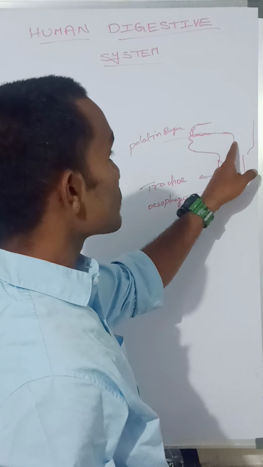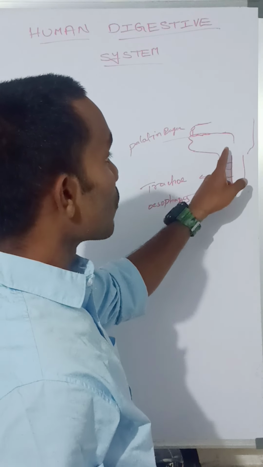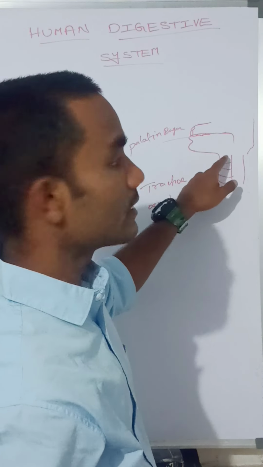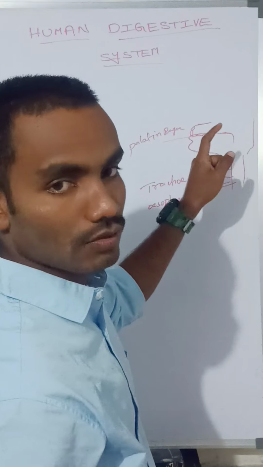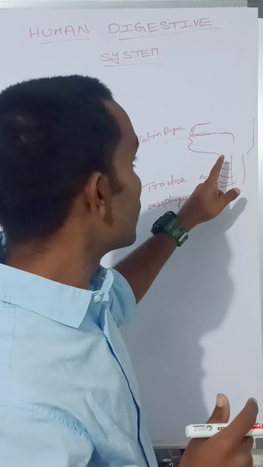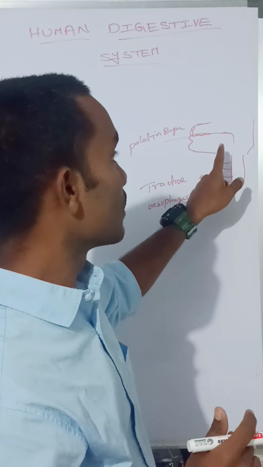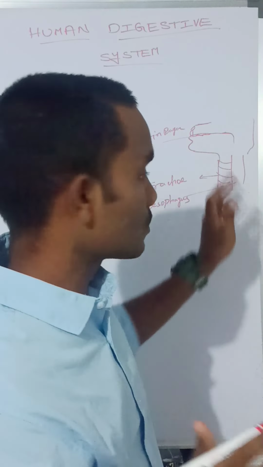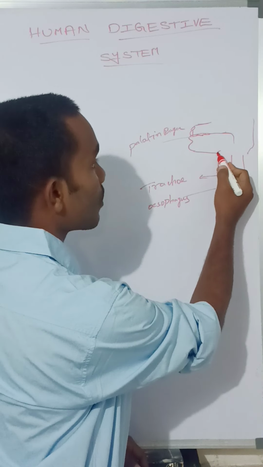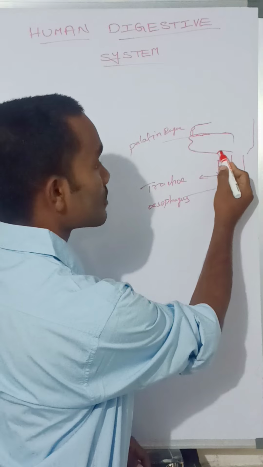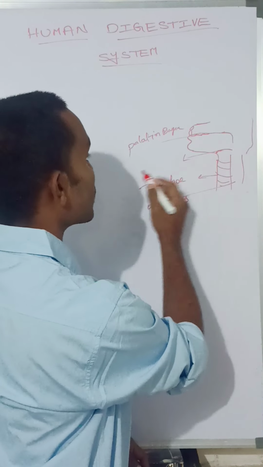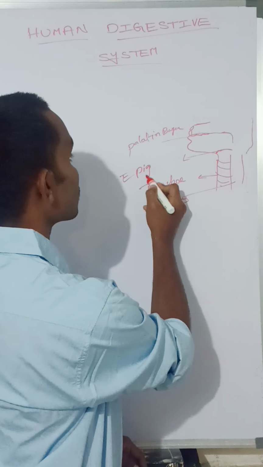So the pharynx is a common passage. You can observe here the trachea opening into the pharynx by the larynx. Here is the larynx. When we learn about the respiratory system, then I will tell about the larynx. Here you should know only one thing: the larynx has a cartilage called the epiglottis.